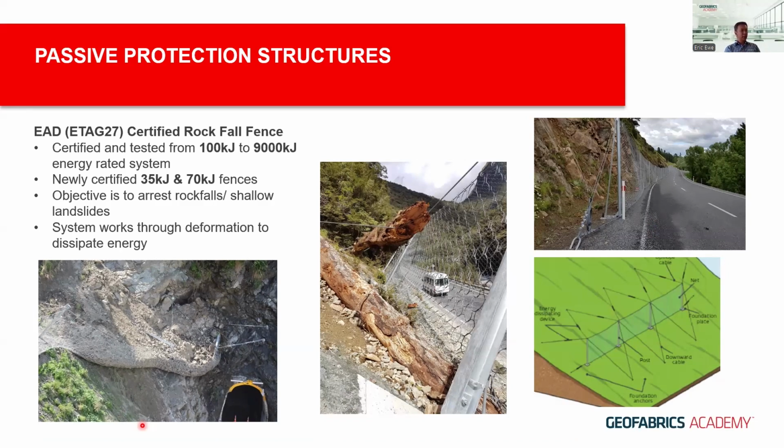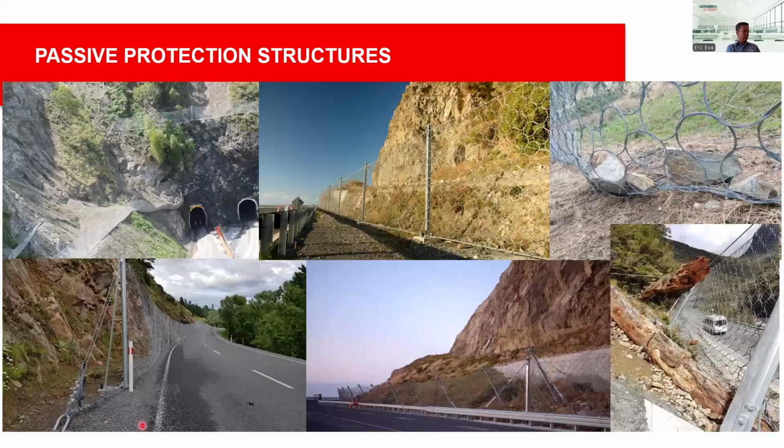These are the systems that work through deformation to attenuate and dissipate the very high impact kinetic energy of the falling rock. And these are some of the project photographs that have been installed mostly in New Zealand.